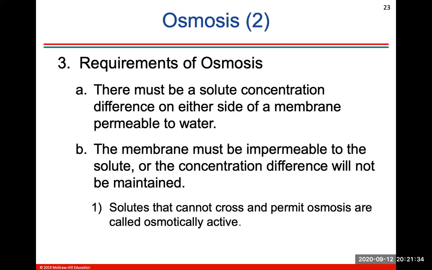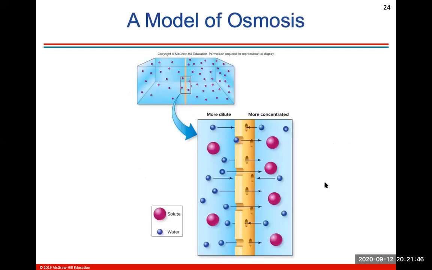For osmosis, there must always be a solute concentration difference on either side of the membrane, and the membrane must be impermeable to the solute, meaning the solute must not be able to get through the membrane, only water can get through. So here's a model look at osmosis showing the semi-permeable membrane and showing that the solute, let's say it's glucose or salt, is too big to get through the pores in the membrane, but water is able to get through.